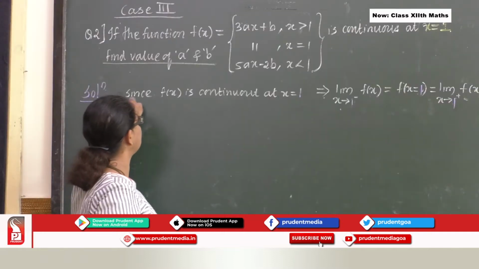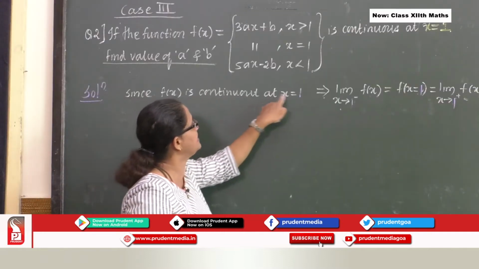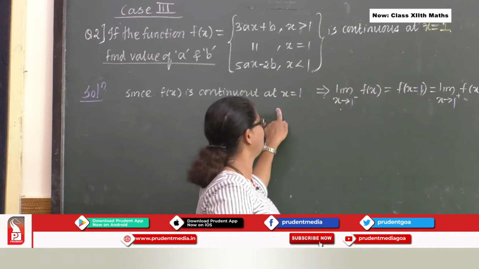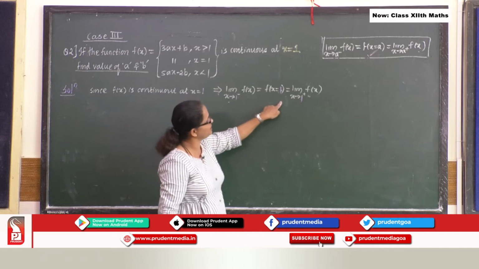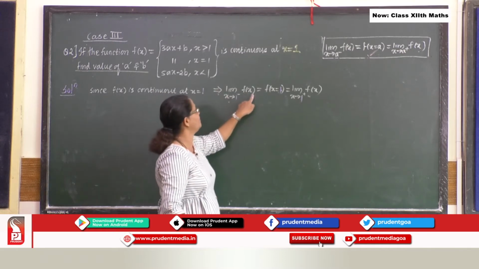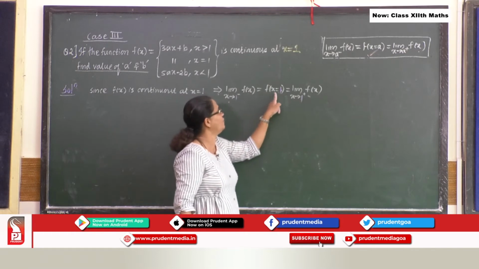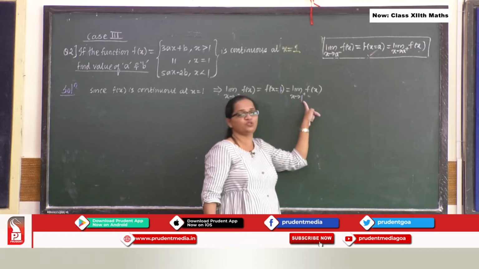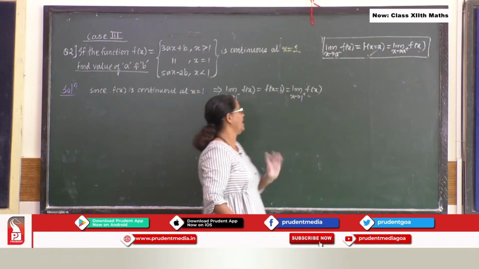Since the function is continuous at x equal to 1, what is the mathematical implication of it? It tells you limit x tends to 1 of f of x is equal to f of 1, which is equal to limit x tends to 1 of f of x.